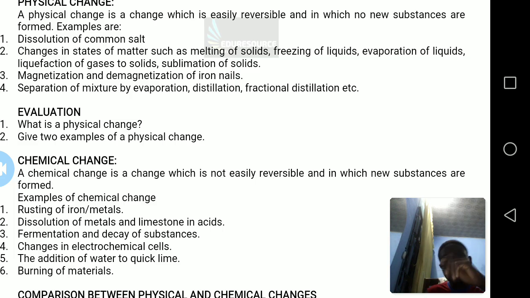All right. Now let's look at an example like dry ice. Dry ice is solid carbon dioxide. When you subject it to heating, it will become gaseous, carbon dioxide gas.